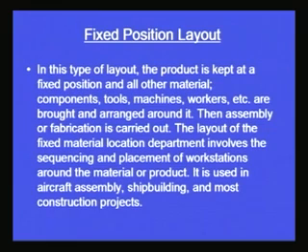So we have already seen that there are certain advantages associated with process type of layout, but there are certain limitations also. Now we come on to a special type of layout that is called the fixed position layout. In this type of layout, the product is kept at a fixed position and all other material, like components, tools, machines, workers, etc. are brought and arranged around it.